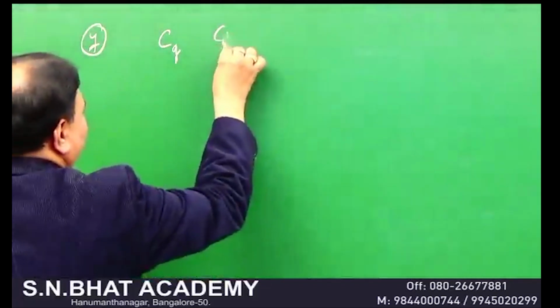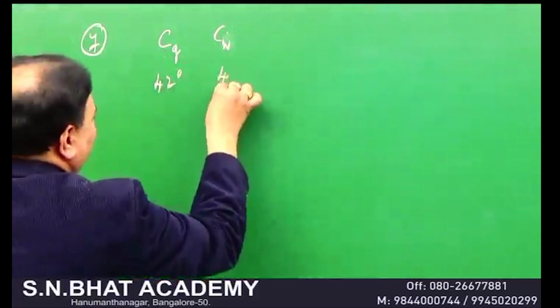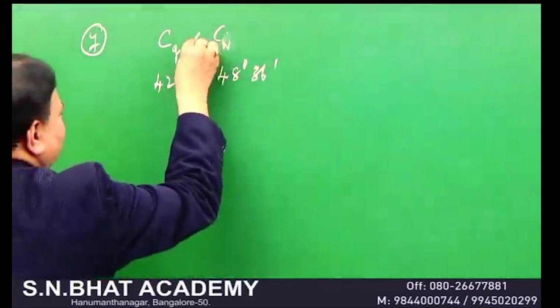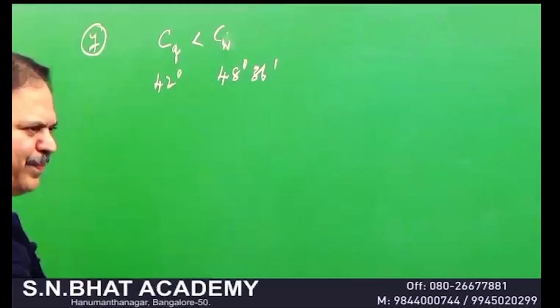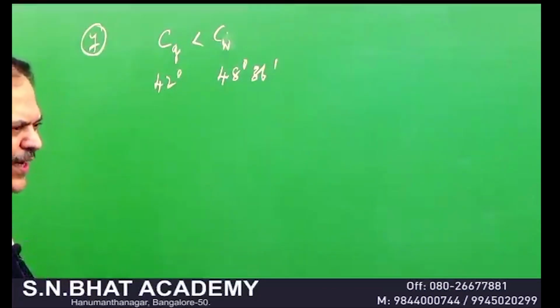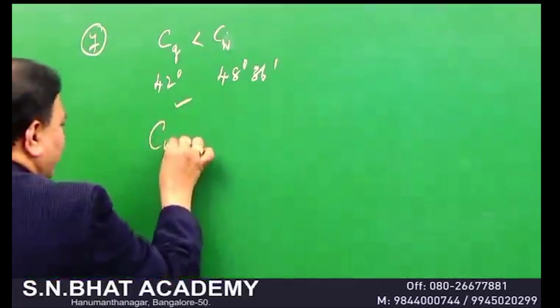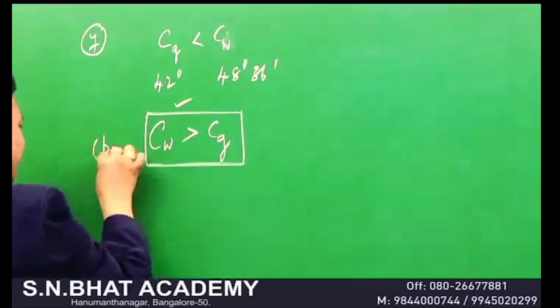You know that the critical angle for glass is 42 degree. Critical angle for water is 48 degree 36 minutes, and the critical angle of glass is less. So you find the right alternative there. CW, critical angle of water is less than that of the glass, is wrong. Critical angle for water is greater than that of the glass, and it is the right answer. Therefore, CW greater than CG is the right answer, and that answer is B.